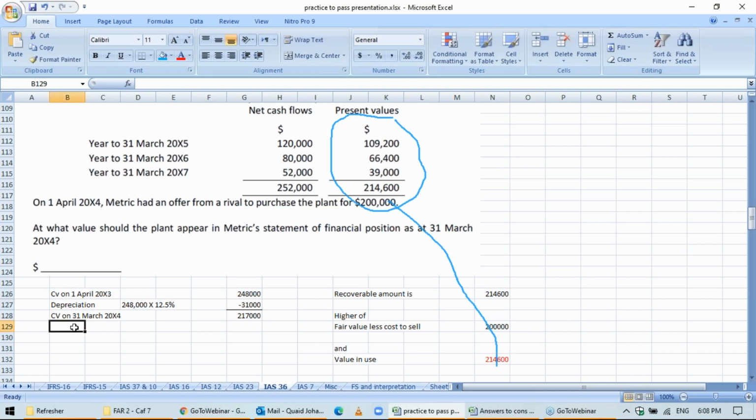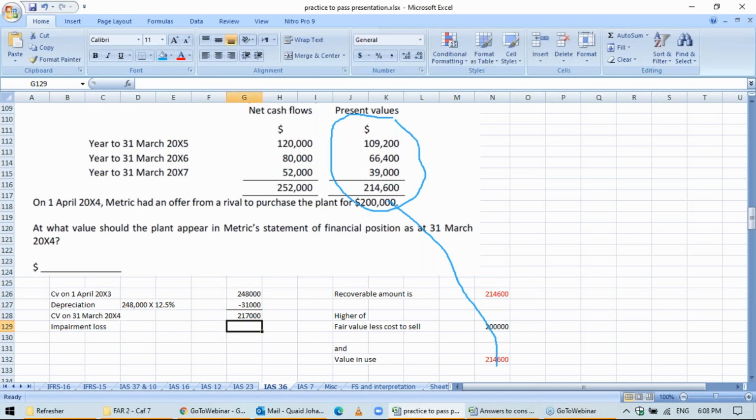So now compare this recoverable amount, this red amount, with the carrying value. Isn't the carrying value higher than the recoverable amount? It is. So what you have to do, you have to reduce the carrying amount by the impairment loss, which will be recognized in the profit and loss account.